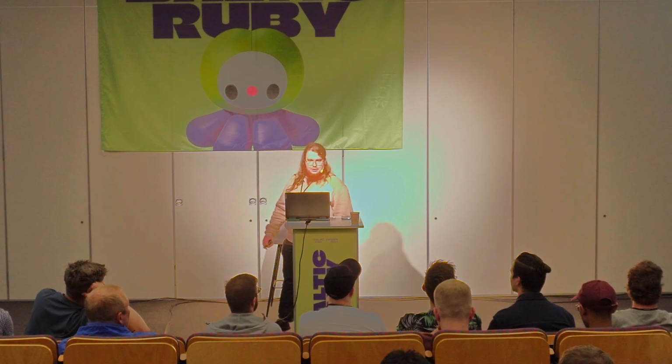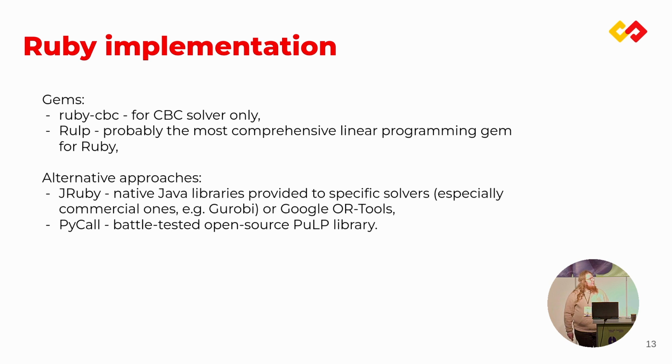There are two most popular gems for Ruby: Ruby CBC, which is only suitable for the CBC solver and does not allow any other solver, and RULP, which stands for Ruby Linear Programming. RULP is probably the most comprehensive solution for linear programming in Ruby currently.